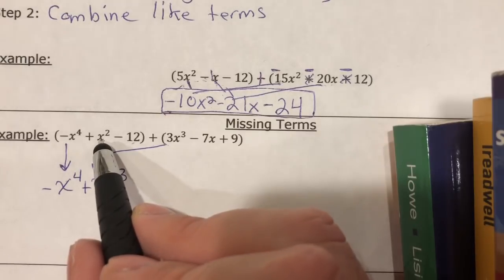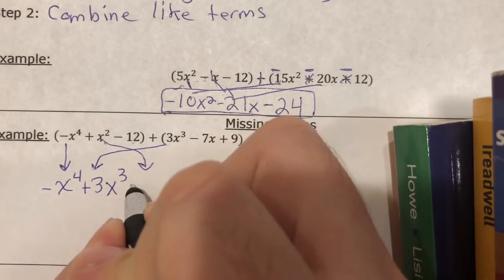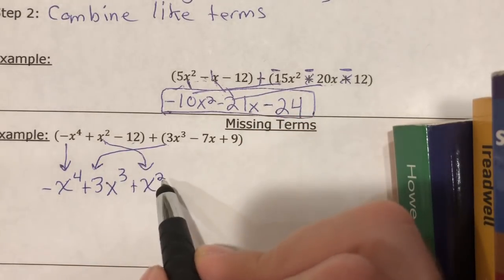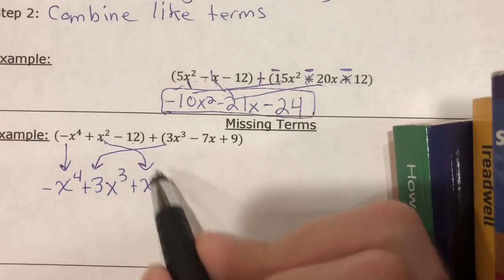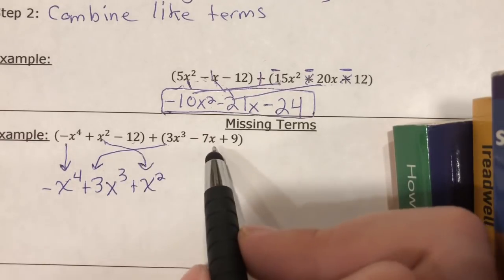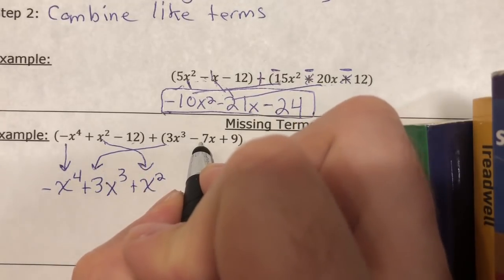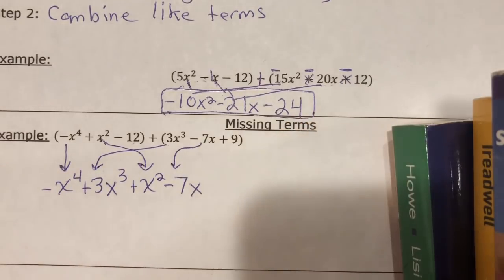And then we just have the x squared here, not in the other. So plus x squared. And now just the variable with no exponent, which is technically a 1 as an exponent. So we have plus negative 7x, so we'll do minus 7x.